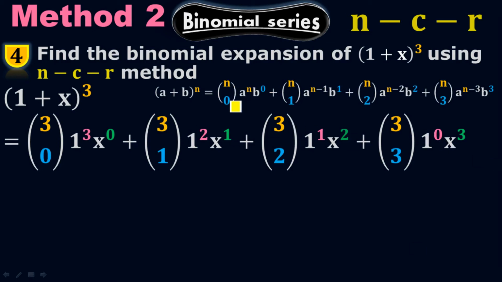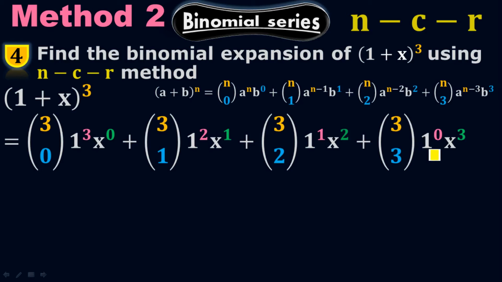And then the value of r. This is the value of r, which starts from 0 and then 1 and then 2 and then 3. So when this 3, which is n, equals r, then you have to stop the process. You have completed the NCR process now. You don't need to add more terms. The r is in ascending order on the right side. It increases by 1: first 0, then 1, then 2, then 3.